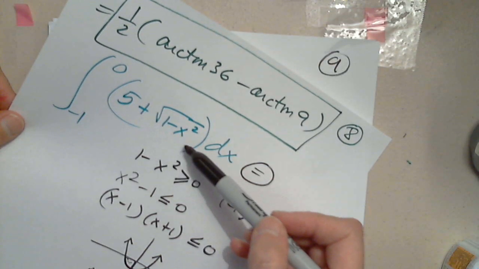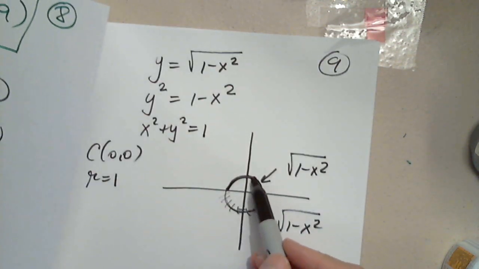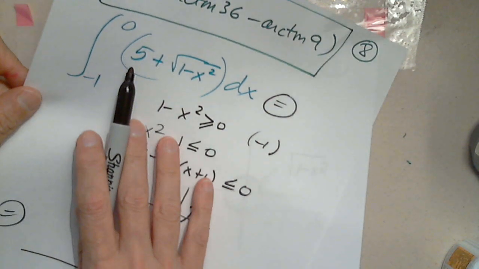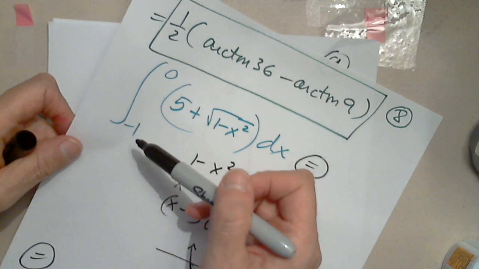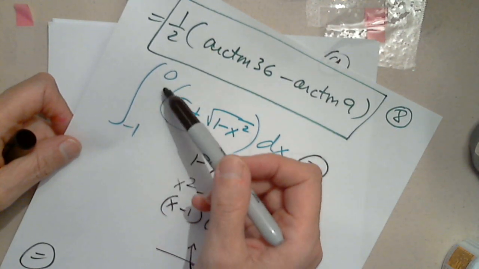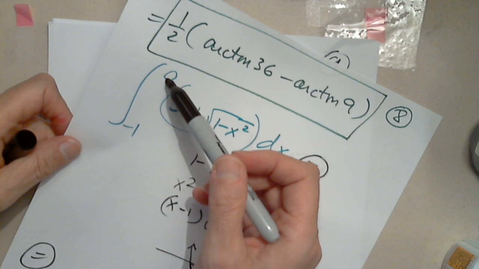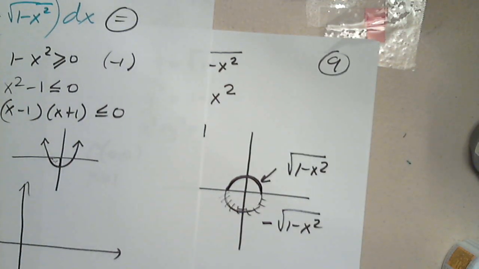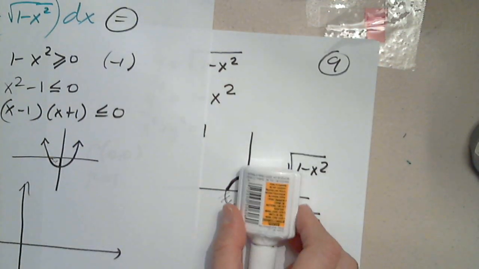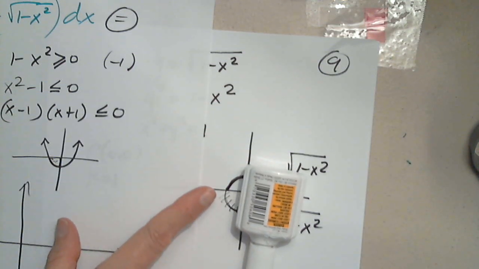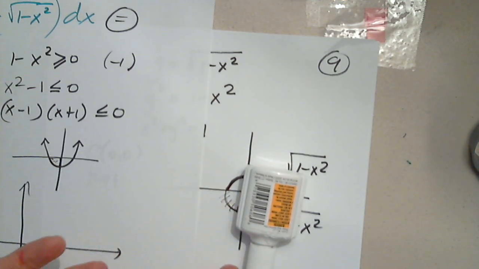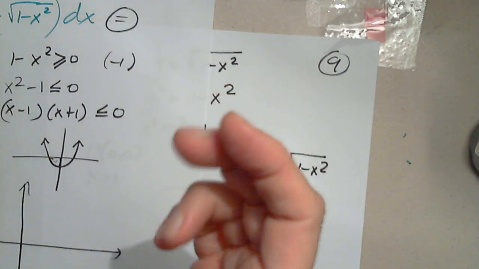So this piece is this graph, but I also have the 5 in front. And also I have to keep in mind that the integral happens only between -1 and 0. So I'm not interested in this. I'm interested in -1 to 0, moved up 5.